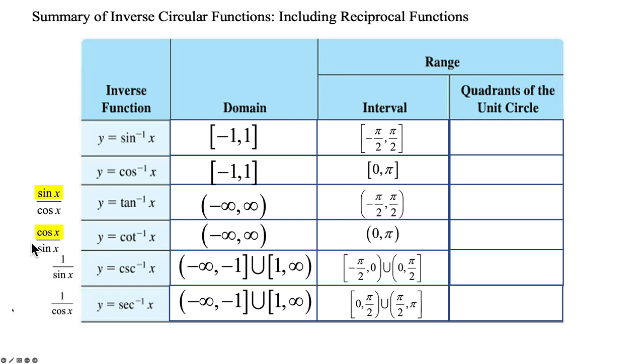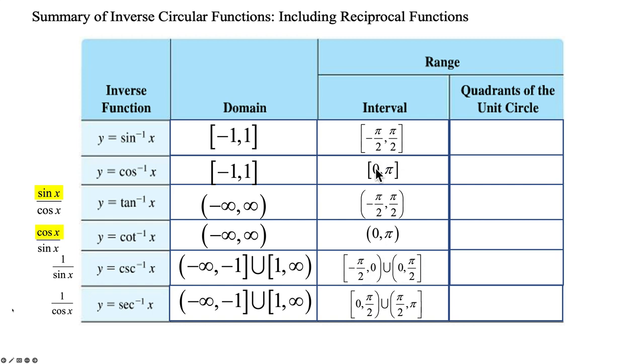So again, if you recall, tangent is sine over cosine. Having sine in the numerator dominates their domain and range, especially the range. Sine, negative pi over 2 to pi over 2 with brackets. Inverse tangent, negative pi over 2 to pi over 2, open interval. Cosecant, which is the reciprocal, 1 over sine, same interval for the range.